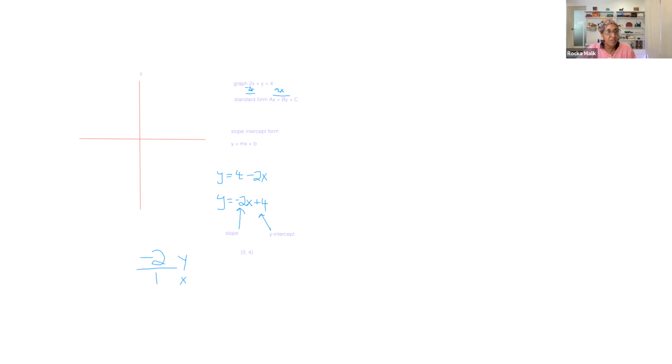Okay, so from here I can go 0, 4, 1, 2, 3, 4, and plot my point. That's my y-intercept. It's the point where the line will meet the y-axis. And then I can move like the slope tells me to move. I can go down 2 and over 1. And then I'll do it again just to be sure.